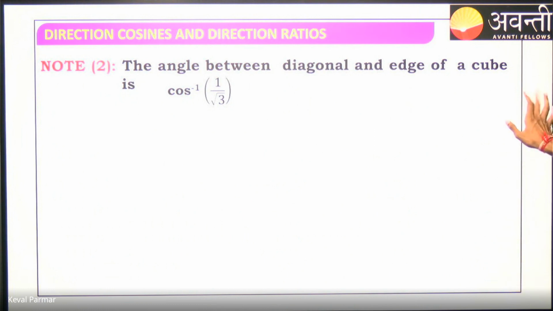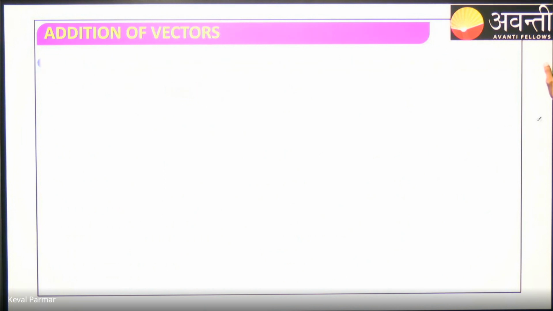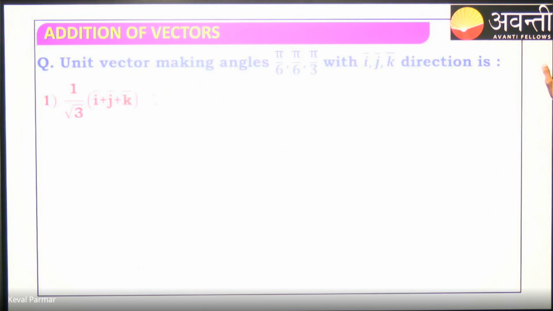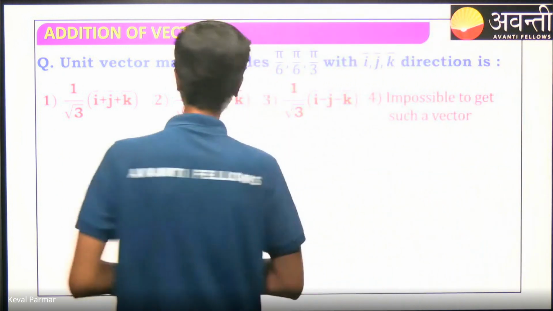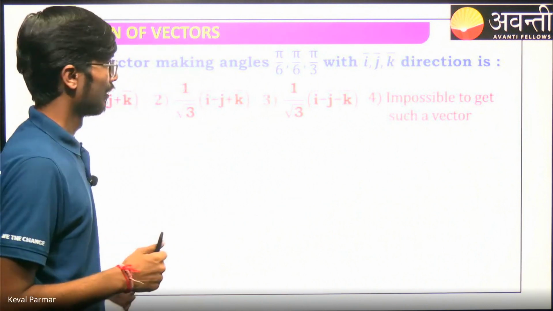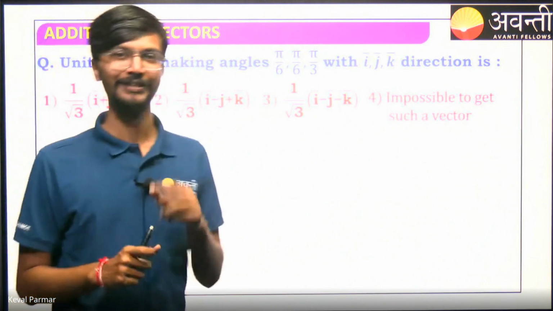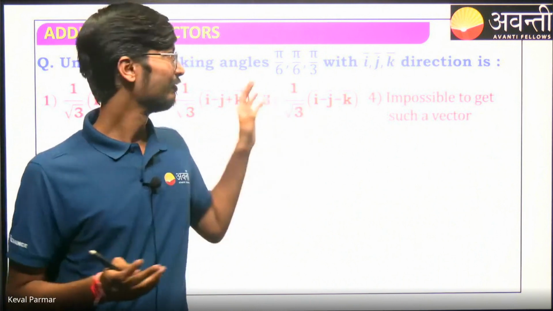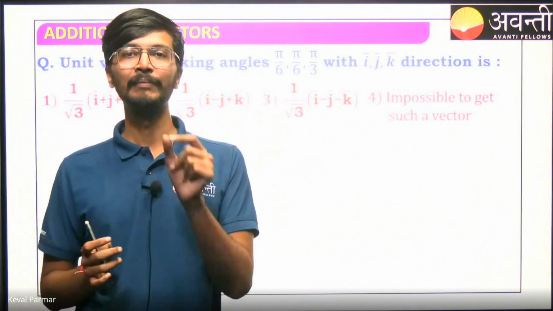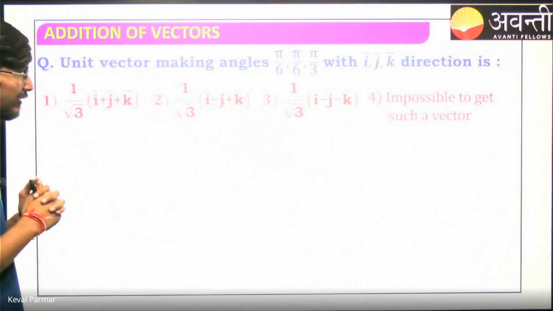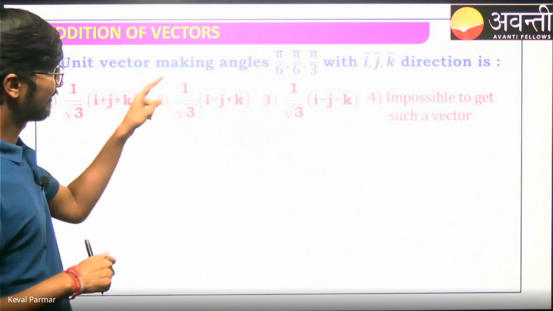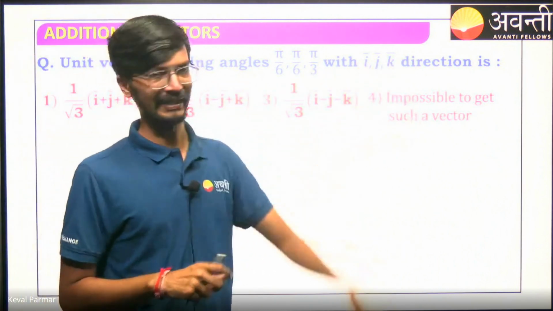So I think you have done this. Let's move to the next question. Now, here as you can see, the topic is addition of vectors, because basically we'll be adding the vectors. That's why I've given the name addition of vectors. So don't worry, we are still in DCs and DRs. Here we have a unit vector making angles with the i, j, k directions.